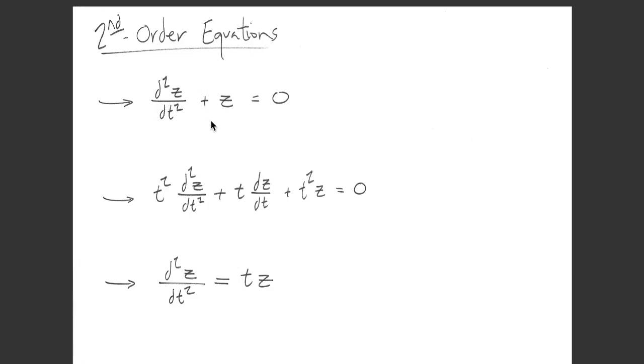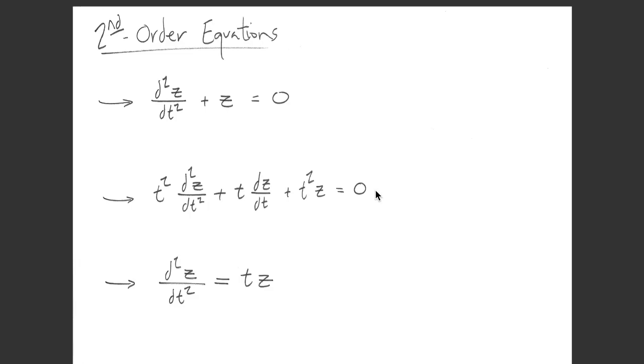So you see this first example, d squared z over dt squared plus z equals 0. The derivatives are of order 2 and of order 0 here. So it's called a second order equation because the highest derivative that's involved is order 2. The second example here is a little bit more involved: t squared times the second derivative of z with respect to t, plus t times the first derivative, plus t squared times the zeroth derivative, is equal to 0.